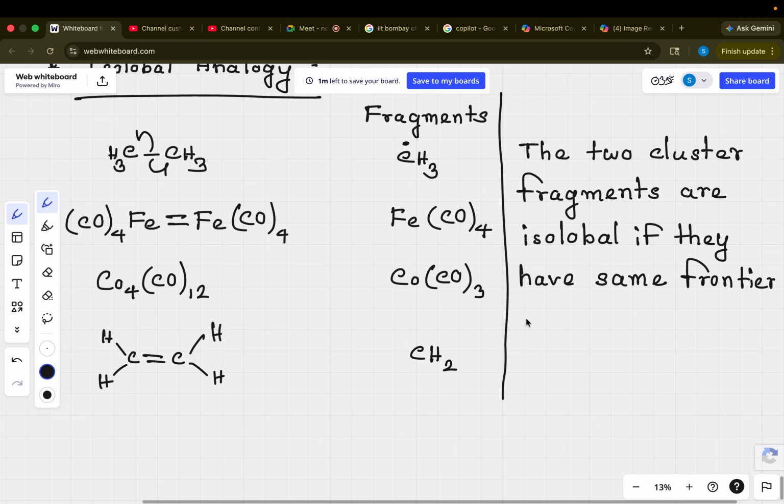Okay, same frontier orbitals. So the two cluster fragments are isolobal if they have the same frontier orbitals.